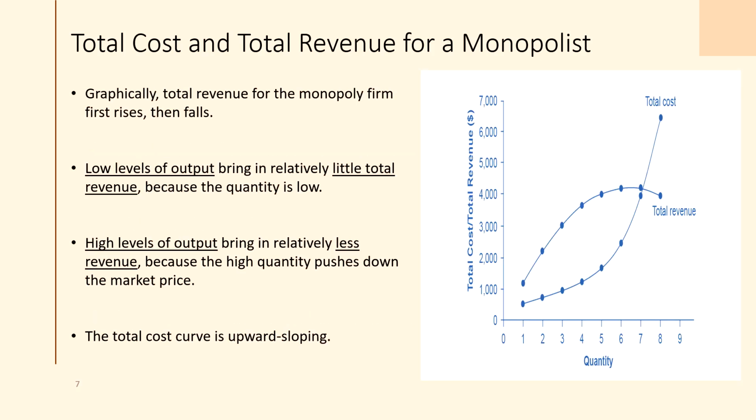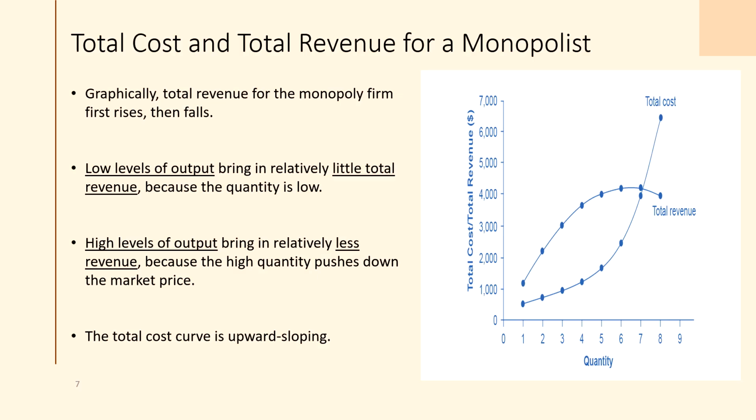Now let's interpret this graphically. For monopolists, total revenue first rises and then eventually falls. At low levels of output, total revenue is small because quantity sold is small. At high levels of output, quantity is large, but price becomes much lower, so revenue may stop rising or even decline.